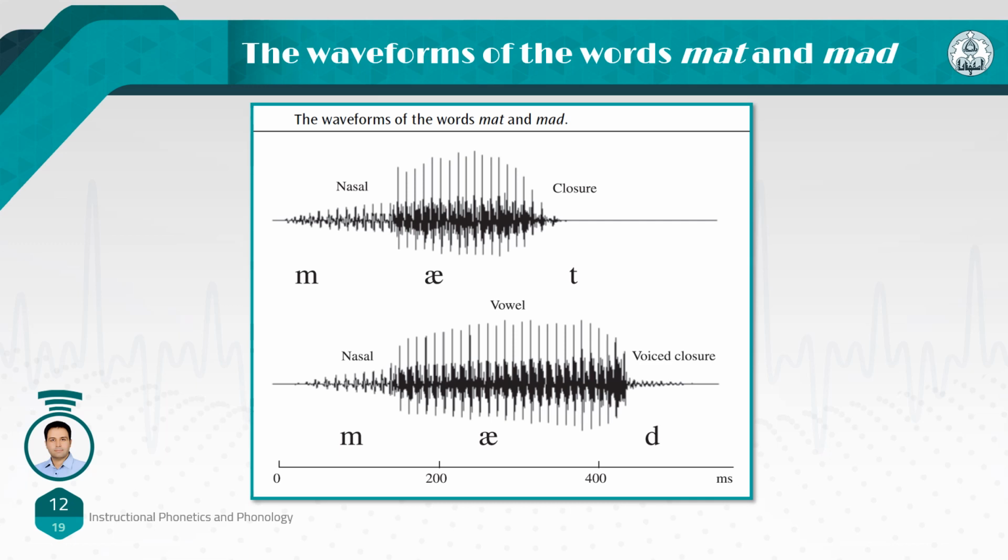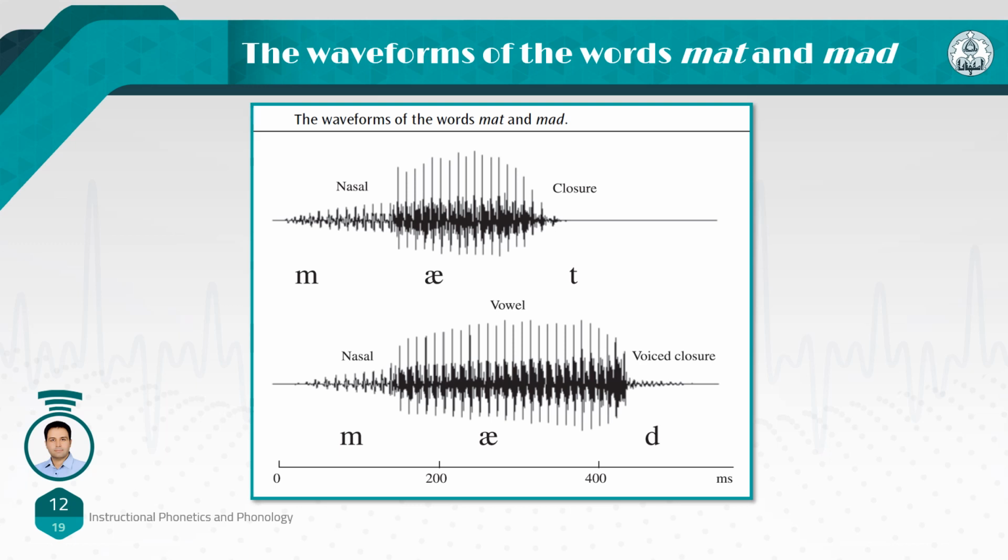But there is nothing noteworthy at the end of mat, except the slightly irregular voicing at the end of the closure. In fact, if you look at this figure, you can see that the first word is mat. You can see the voicing at the very beginning.